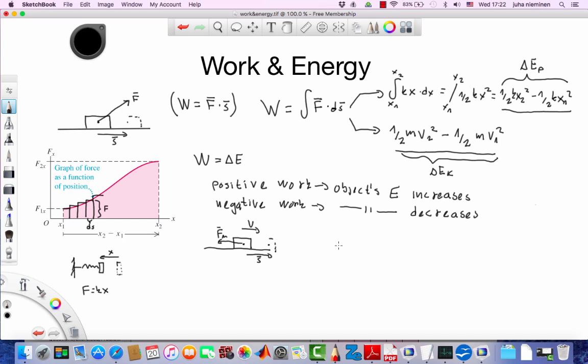The relationship between work and energy, as presented here, is a powerful tool for two reasons. First of all, we don't have time involved at all, so we don't know how quickly the particle accelerated from velocity 1 to velocity 2, or in a lot of cases, not even what path it took to go from position 1 to position 2.